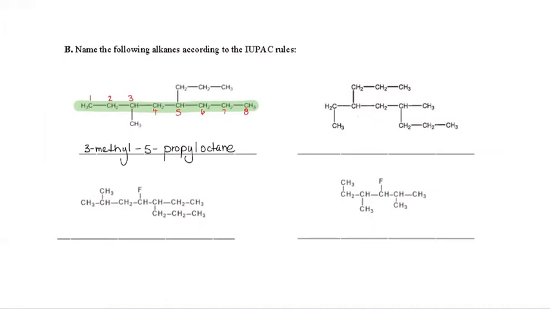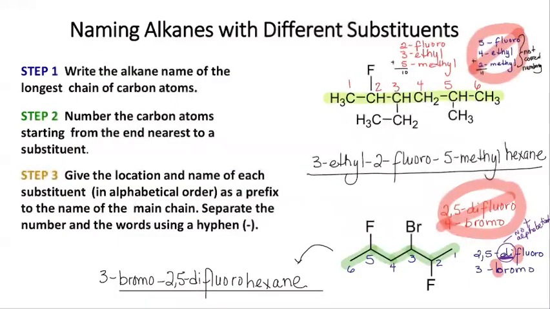So when we have multiple of the same, we use a comma to separate the numbers. If you guys see the example, see how we have difluoro? The 2 locations of the fluoros are separated by a comma. But then numbers and words, always a hyphen or a dash.